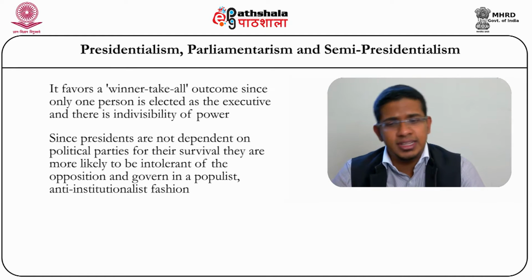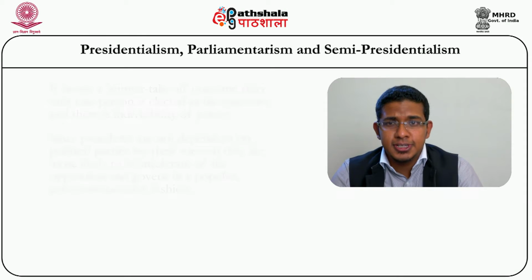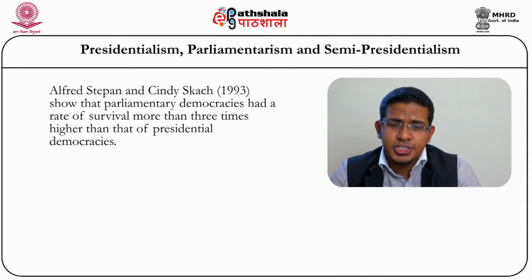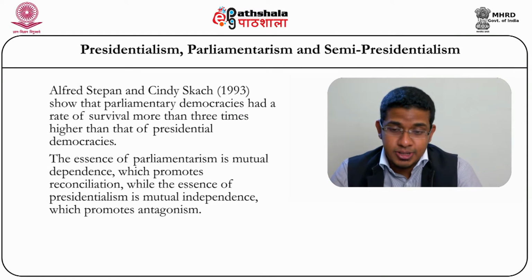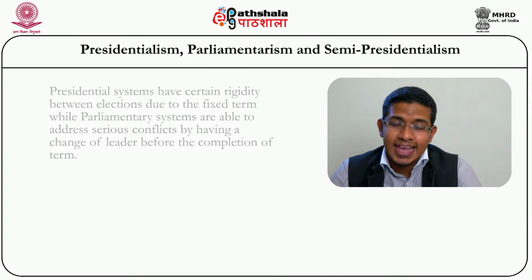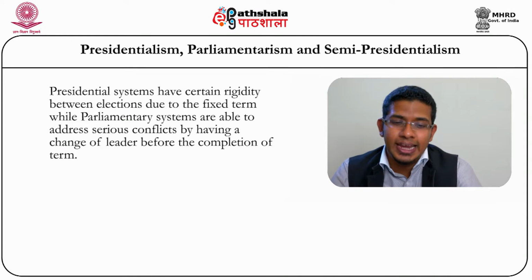Others have even gone further and explained other problems with the presidential system. Stepan and Skach, in 1993, in their article point out that the rate of survival for a parliamentary democracy is three times more than that of the presidential system. That is stunning statistics. So they feel that parliamentary systems promote mutual dependence and reconciliation, whereas the essence of presidentialism is mutual independence and promotes antagonism.